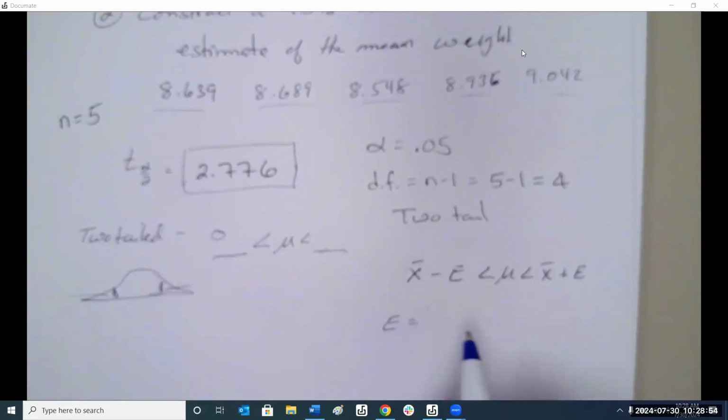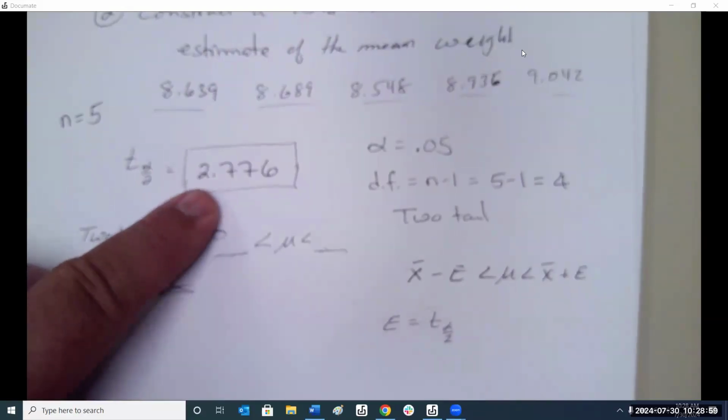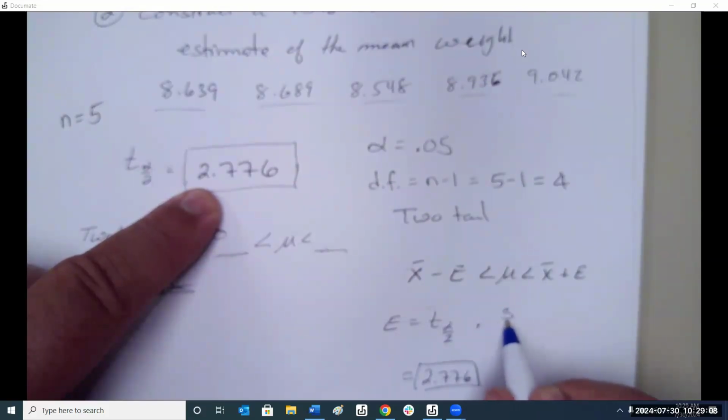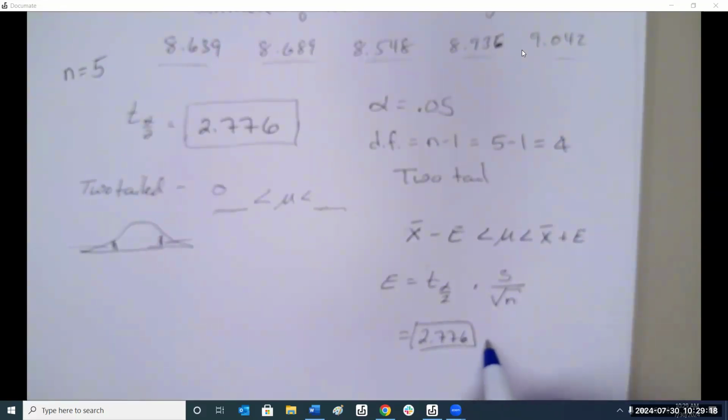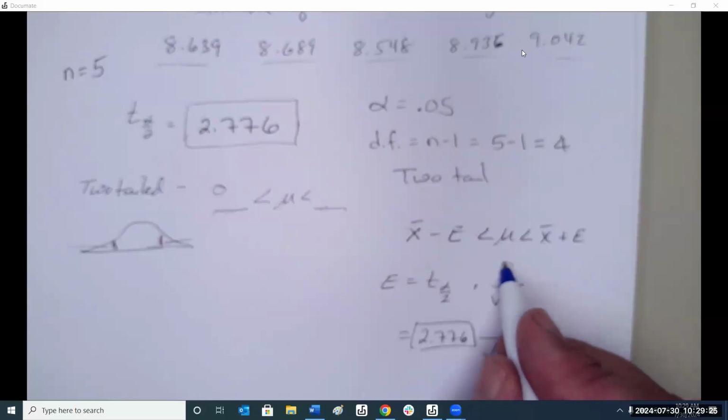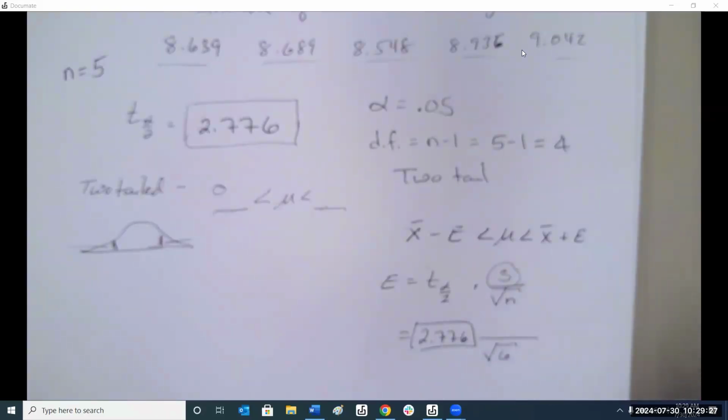And the formula for the error is our t value, which we just found here, 2.776, times our standard deviation divided by the square root of our sample size. We don't have the standard deviation.